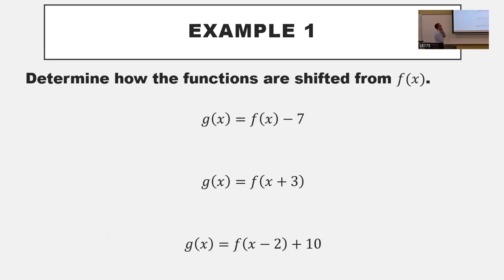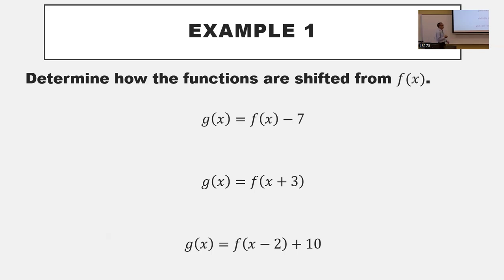So if we're trying to determine how functions are shifted from an original function, I don't actually even need to know what the original function is. I can just look at something like this and say, well, if g of x is equal to f of x minus 7, I know that's a shift down 7 units in the y direction.